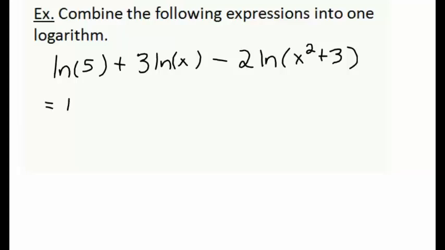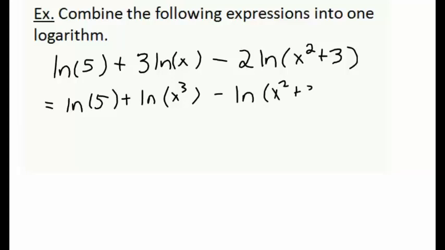So that's always the first step here. So I'm going to take that 3, and I'm going to put that inside as the power of x, and I'm also going to take this 2, and I'm going to raise x squared plus 3 to the power of 2 here. Now that I've gotten rid of those constants that are multiplied out front, now I can apply my addition and subtraction logarithm laws.